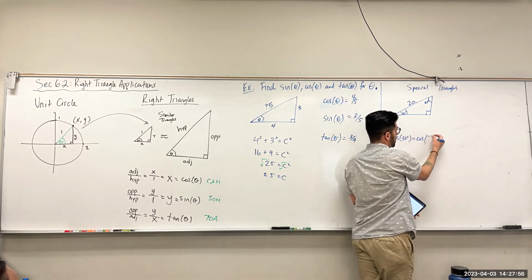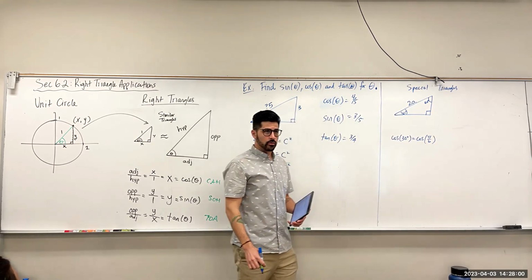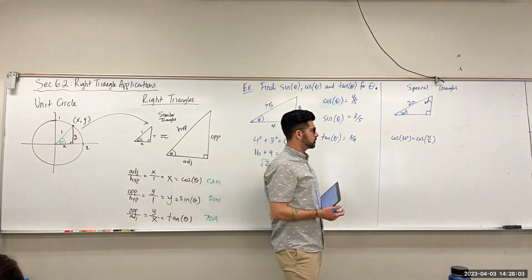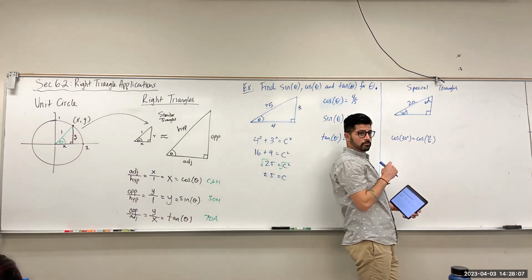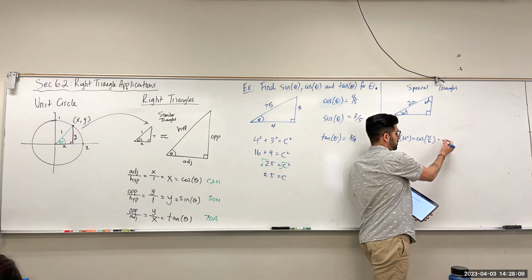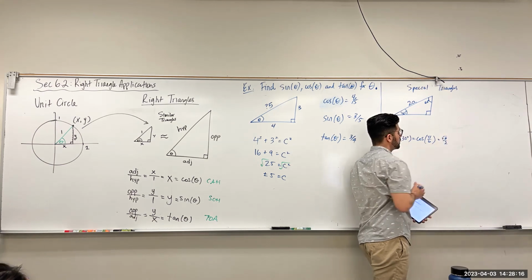Knowing what we just discussed, cosine of pi over 6. If you look at your unit circle, what's cosine of pi over 6? Remember, 30 degrees is pi over 6 radians. Root 3 over 2, right?